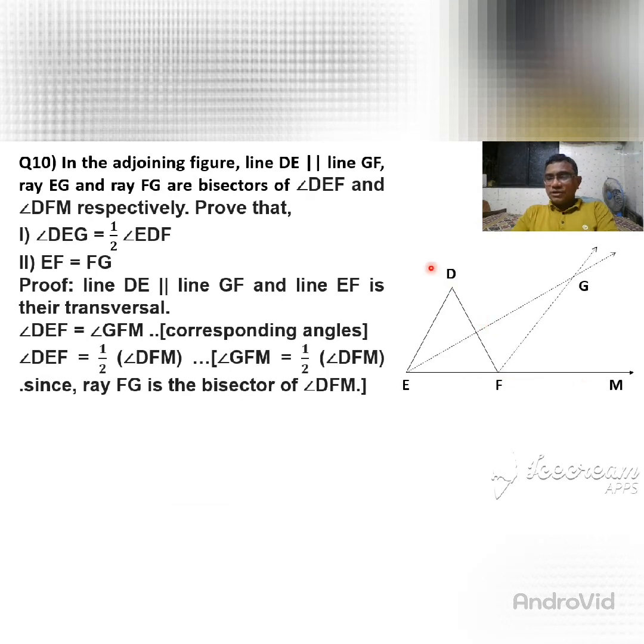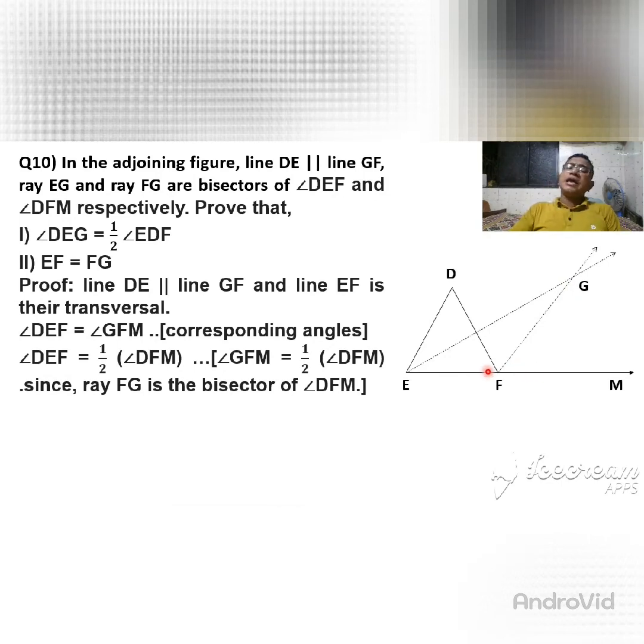See, this is the DFM angle. Do you understand? See, this is the D angle, this is the F angle, and this is the M angle. So this is the DFM. So what do they say? They say this E angle and F angle are congruent, meaning DEF is equal to GFM. So this F is congruent.